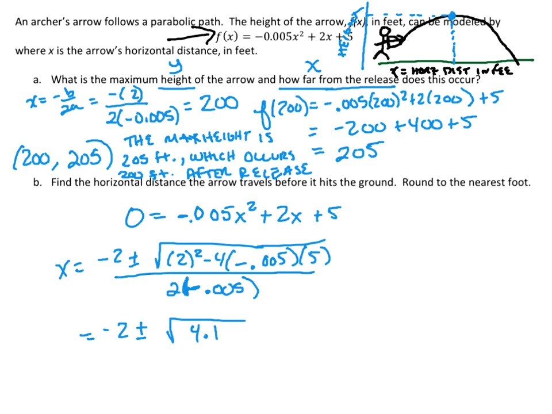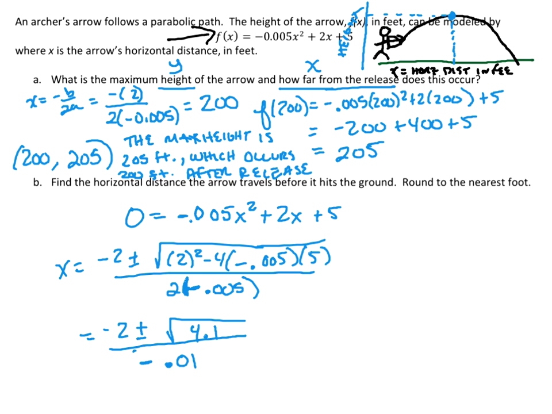Square root of 4.1 over 2 times 0.005, which is negative 0.01. Hang on. 4 times 0.005 is 0.1. Okay, yeah, I'm just double checking. The square root of 4.1.